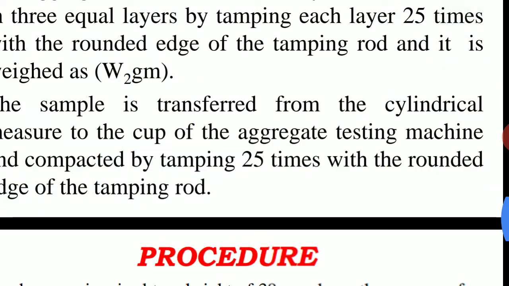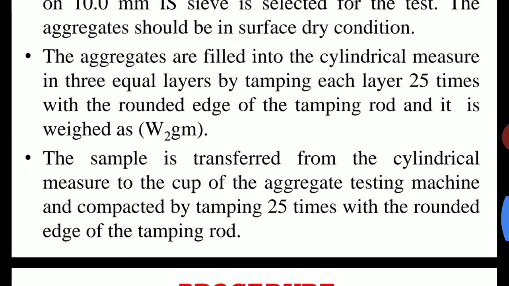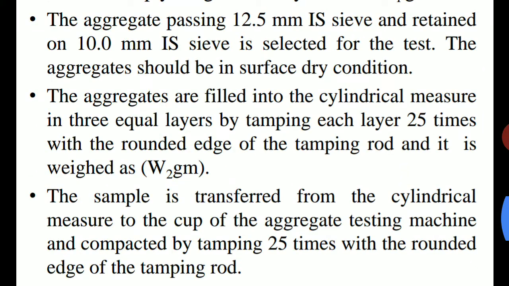Okay, and now after placing that in the cup, we'll release the hammer and provide a certain number of blows, that is 15 blows, at the rate of one blow for every 2 seconds. Like that, a total of 15 blows we are going to provide on the aggregate sample.